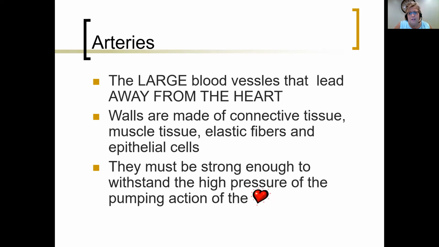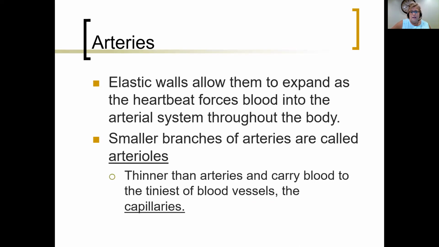The walls are made of connective tissue, muscle tissue, elastic fibers, and then epithelial cells. They have to be strong enough to withstand the high pressure of the pumping action of the heart. That's why the artery is the thickest. The elastic walls allow them to expand as the heartbeat forces blood into the arterial system with great strength throughout the body.